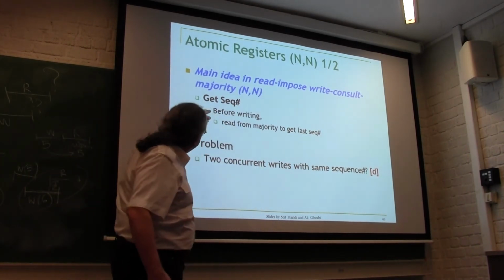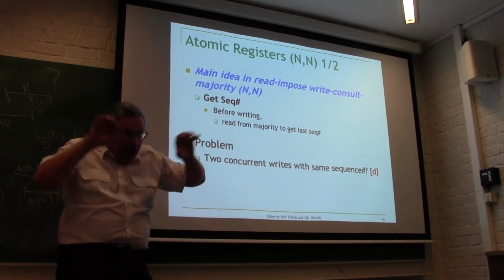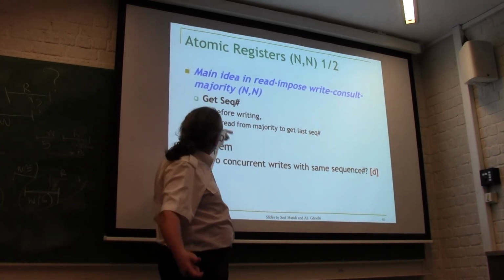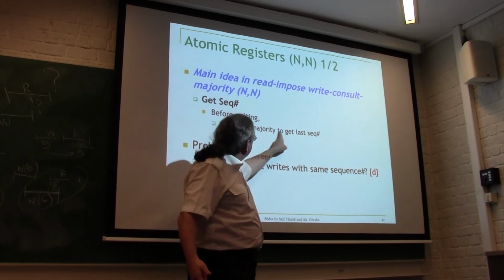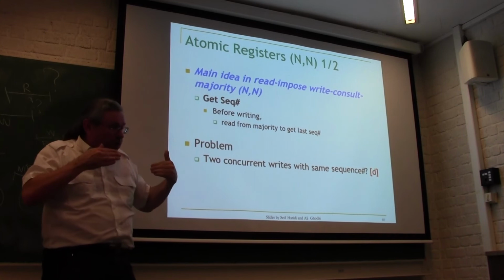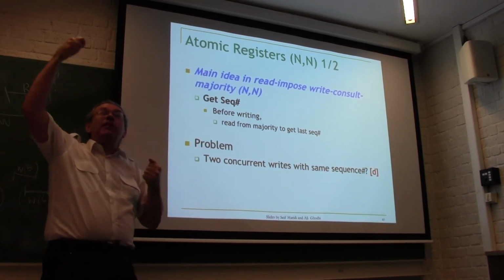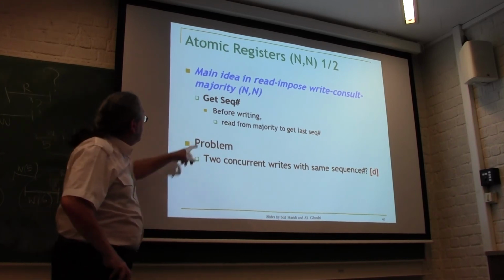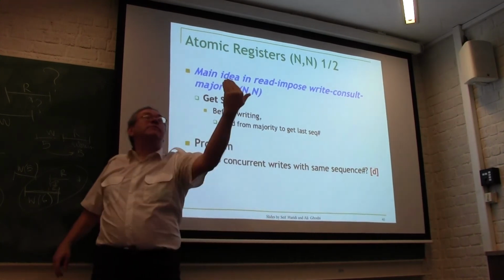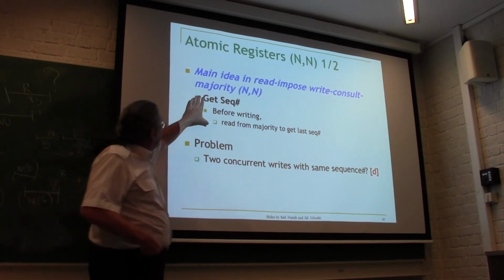But when we do a write, before doing it we will ask all the other nodes, what is the most recent sequence number? We will consult the majority. We will read from a majority to get the latest sequence number, because all the nodes have to increment the sequence numbers. So anyone who does a write has to have the latest sequence number. So before writing, you have to read from a majority to get the last sequence number. And that's the final algorithm.